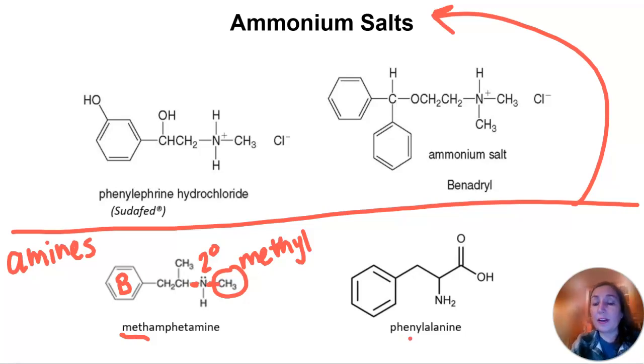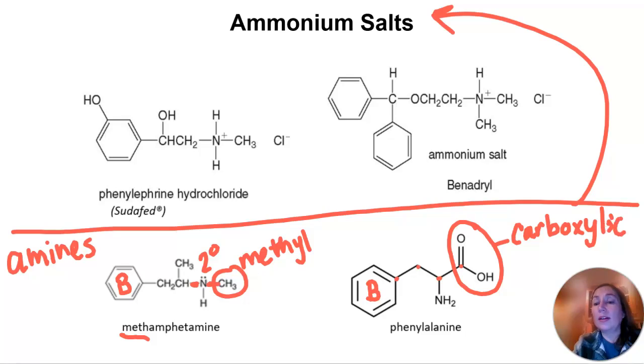And then over here, we've got phenylalanine. Okay, so it's got a benzene ring. Connected to the benzene ring is CH2 and then CH. On the CH is an NH2, and then on the CH is a C that's double bonded to O and bonded to an O and an H. So C double bond O bonded to an O and an H, well, that's a carboxylic acid. We recognize that functional group.